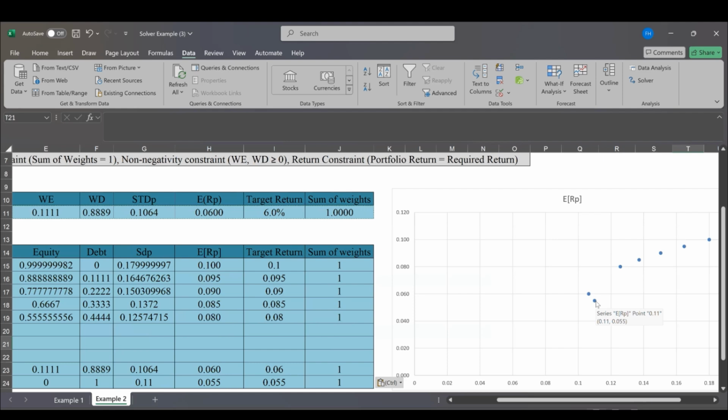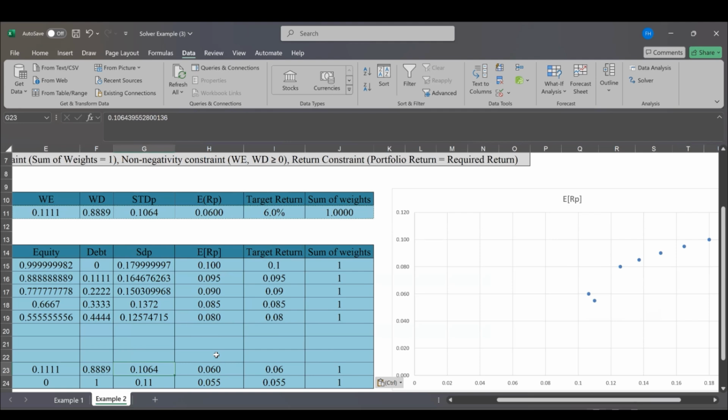Now, as I'm allocating to the riskier asset, which is equities, what happens is that my return is now higher because here I have return as a function of risk. So as I'm allocating more to equity, this point here, what happens is that my return went up from 5.5% to 6%. However, risk went down. So if you can see here, the risk now at 6% return is only 10.64%.